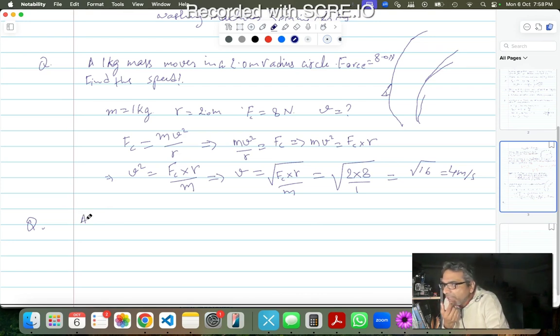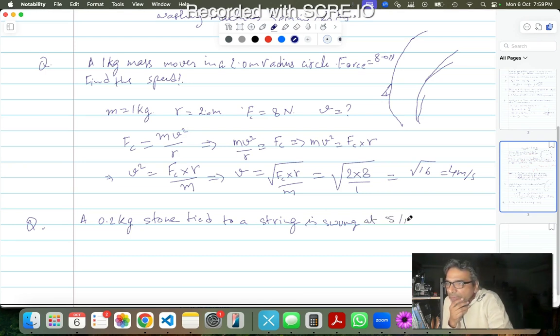Let's see. A 0.2 kg stone tied to a string is swung at 5 meter per second.